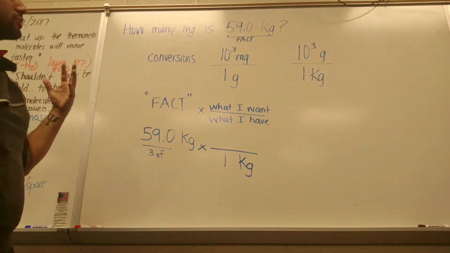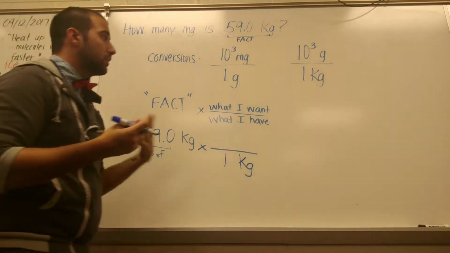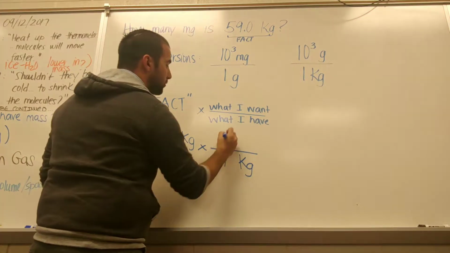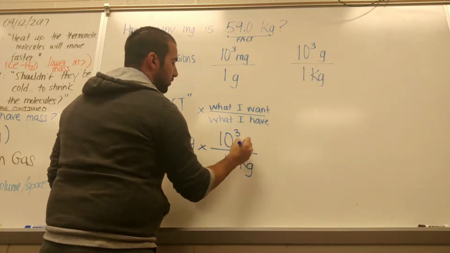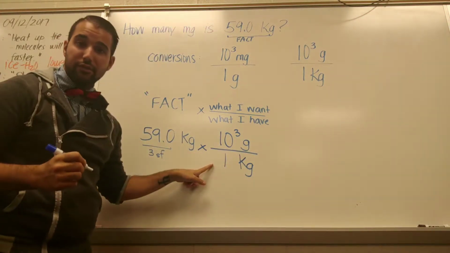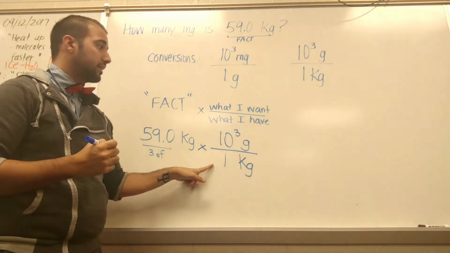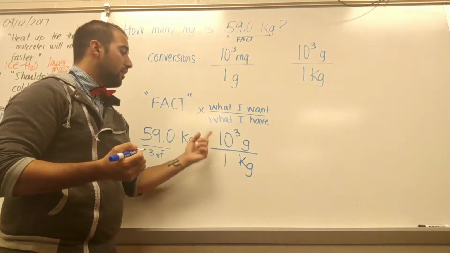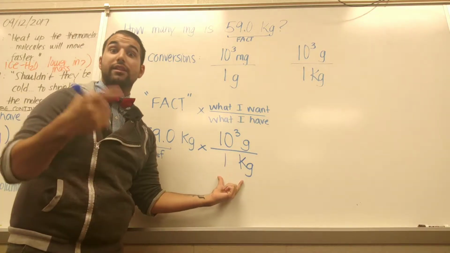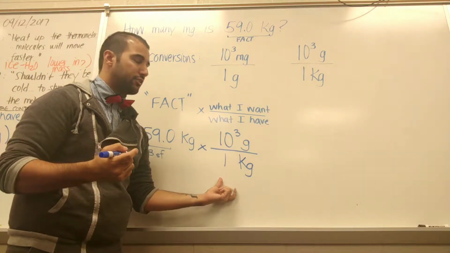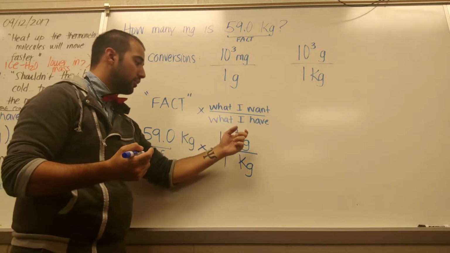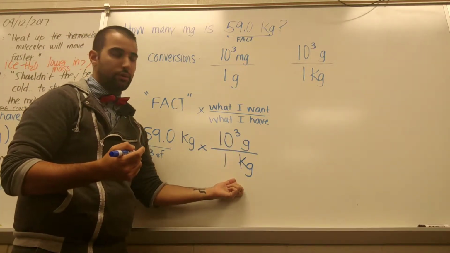The only conversion that I have in front of me that relates kilogram to anything is this 10 to the third gram. So I'm going to multiply 10 to the third grams here. This is my conversion factor, and what this tells me is that there are 10 to the third grams, same thing as 1,000, for every 1 kilogram. That's the physical meaning of this conversion factor. So I'm going to do 59.0 kilograms times 10 to the third gram divided by 1 kilogram.